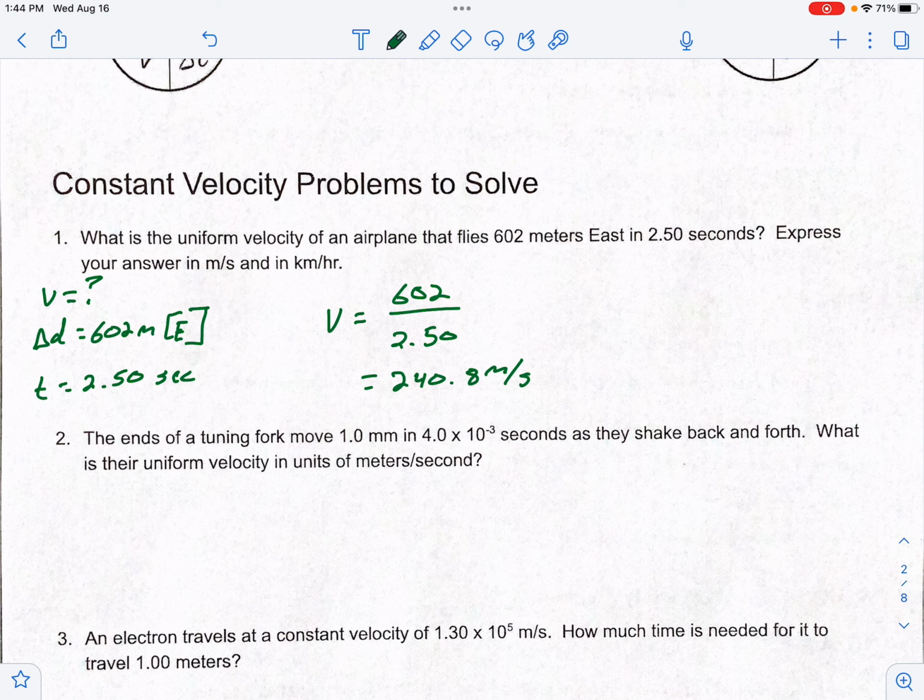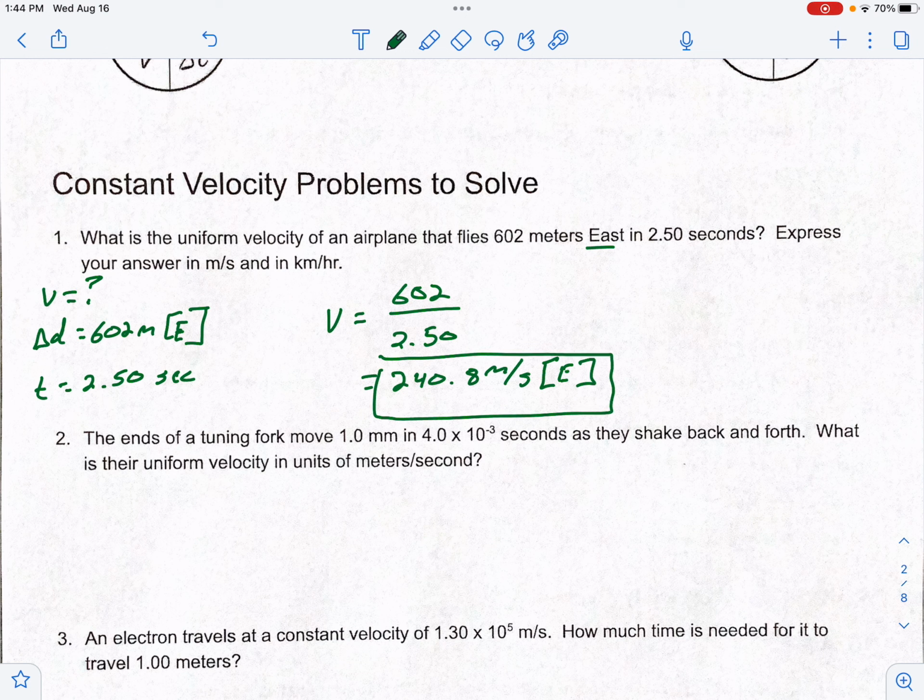I'm not done yet, because if we're talking about velocity here, usually that's going to be a vector quantity, which means there's a direction. If I told you it was east in the beginning, you would need to keep that east in the answer. So that would be my answer right there.